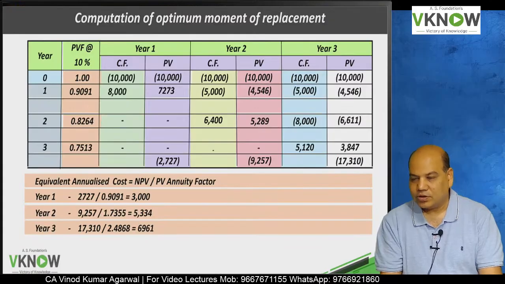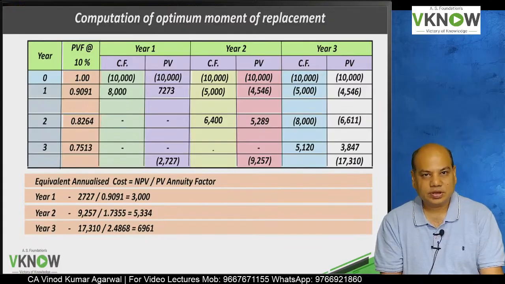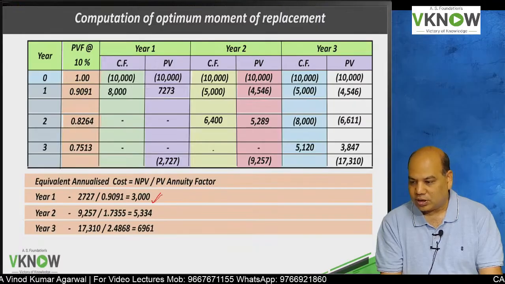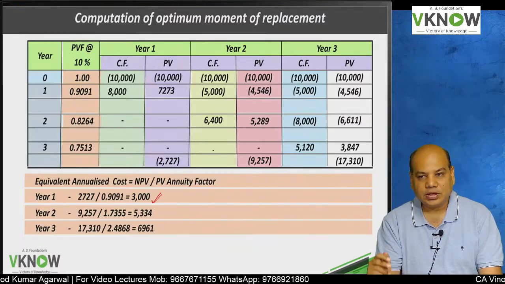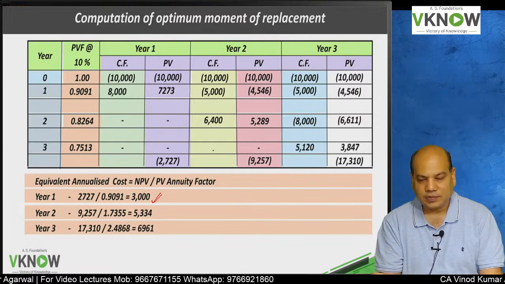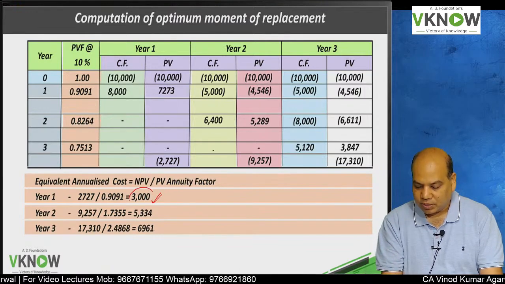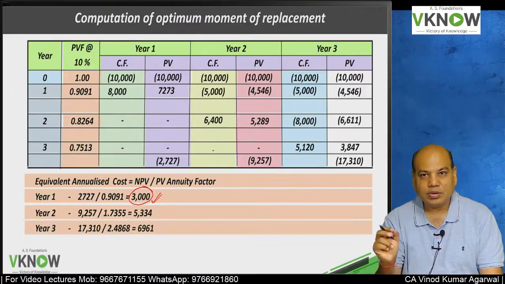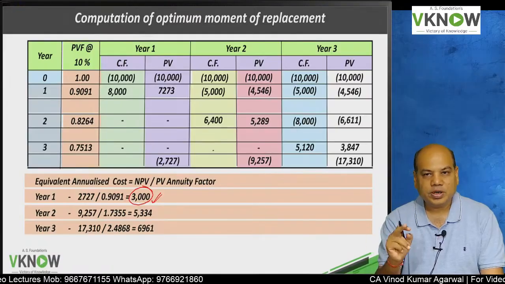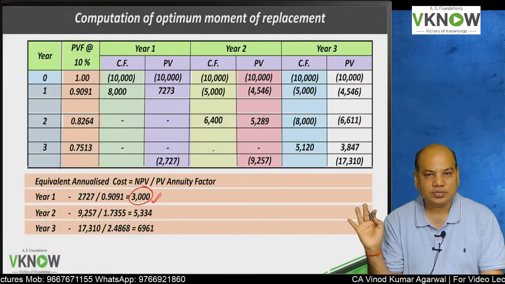Now understand, these are like average cost per annum. If you keep on replacing every year, buy the asset, sell it after year 1, again buy the asset, sell it after year 1, it is equivalent to spending 3000 rupees per annum.